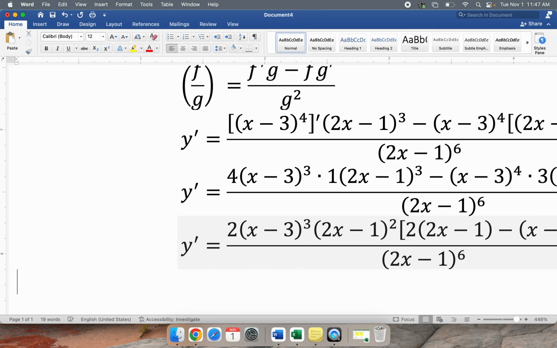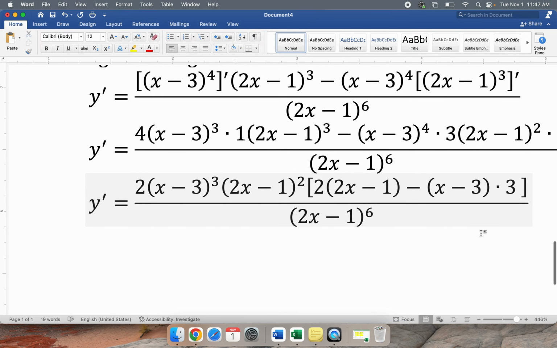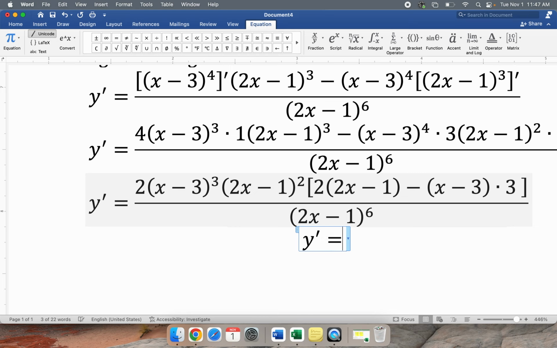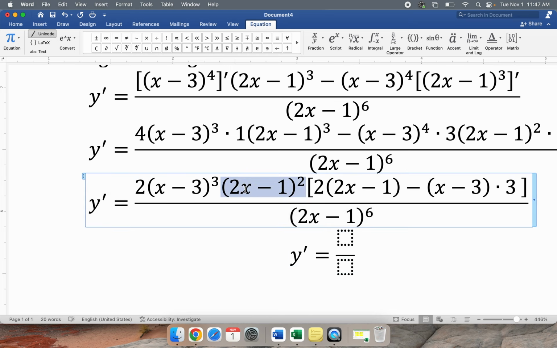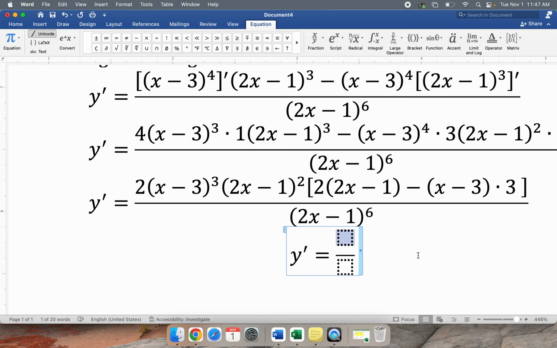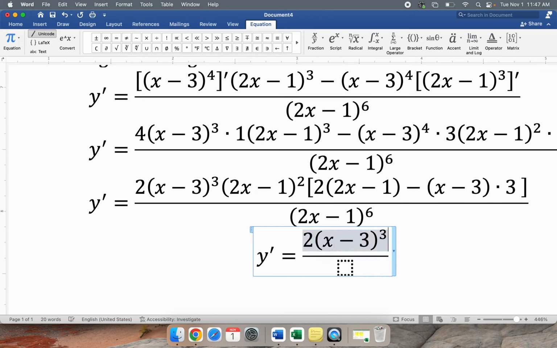And now, basically, you'll notice that there's some canceling of common factors that you can do here because we've got some copies of 2x minus 1 on top and also on the bottom. So if we cancel those, we're left with 2 times x minus 3 to the 3rd. These guys are canceled, so we're not going to write those.